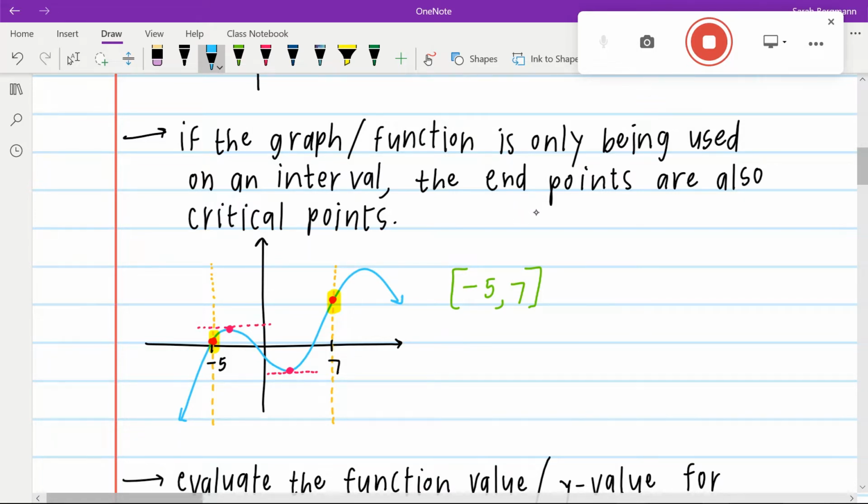At 7, notice within the yellow lines, this y value is the highest y value out of any of the y values within the yellow lines. So don't forget to include endpoints as critical points.